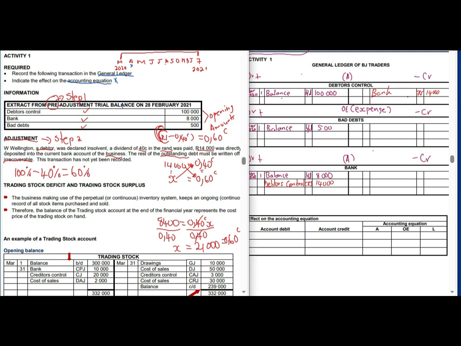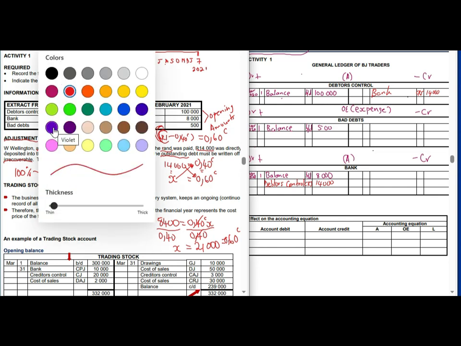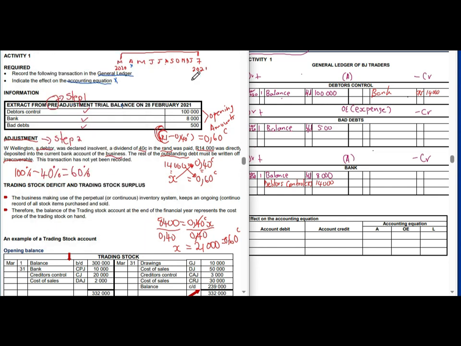We can use the known or the unknown method. Since the debtor only paid 40%, which is equivalent to 14,000, we don't have 100%, and we don't have 60%.